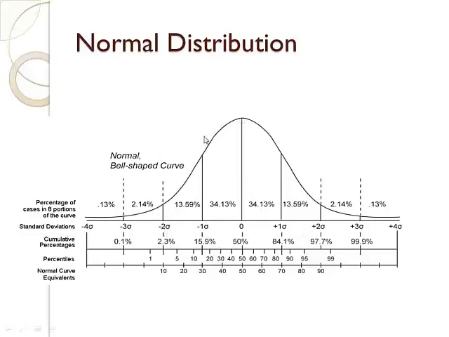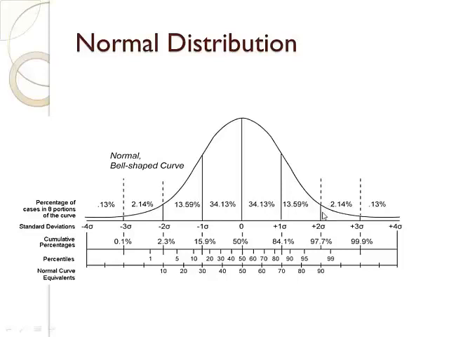And you can see that about 1/3, 34.13% of the population in a normal distribution would be located here, 1 standard deviation below the mean. So within 1 standard deviation above and 1 standard deviation below, we have about 2/3, or about 68% of the population.